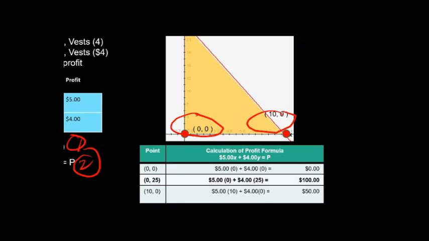Yung X units, di ba yung shirt? Then yung Y units naman is, ano? Sige, isa-isahin natin. 0 shirts, sabi ni Kenneth, 25 vests. Very good. So, gawa kayo ng sentence after solving. The company should produce 0 shirt and 25 vests.